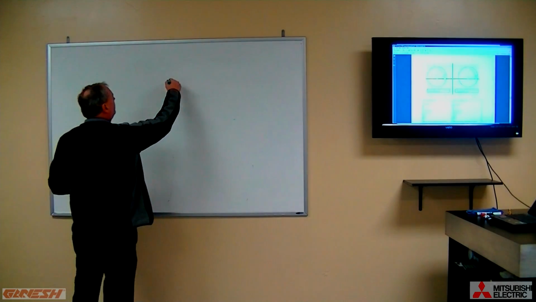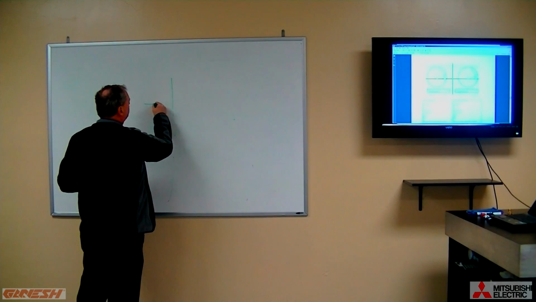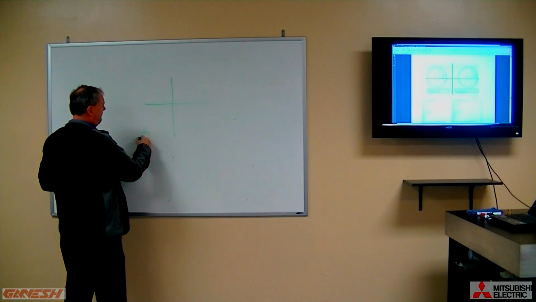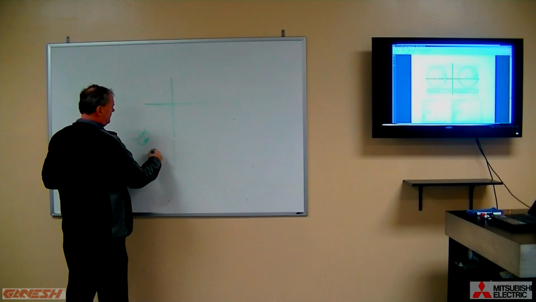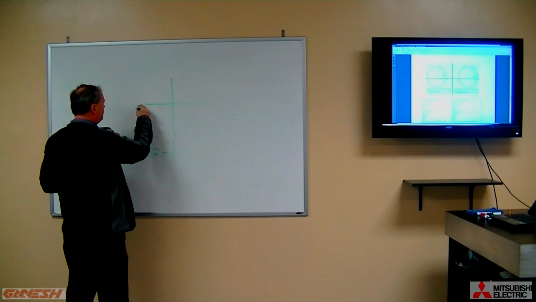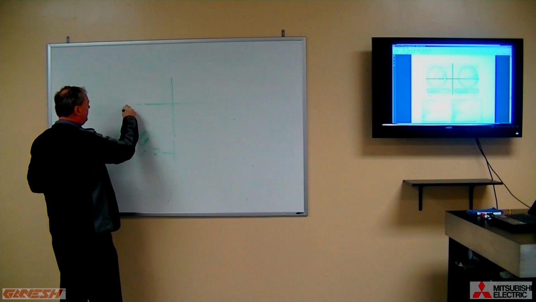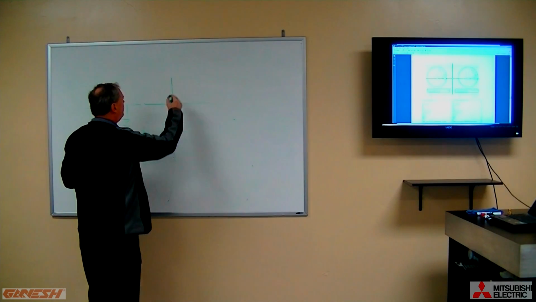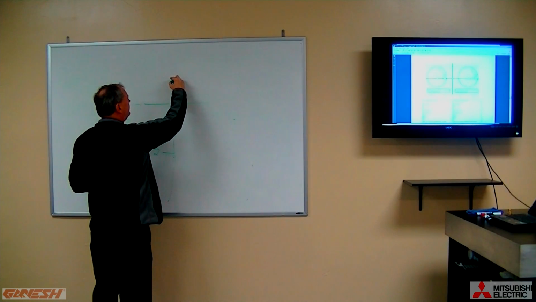If I have a circle, here's our datum, and let's say this is at 2 inches over in X and 2 inches down in Y, and let's say that our circle is a 2-inch radius.